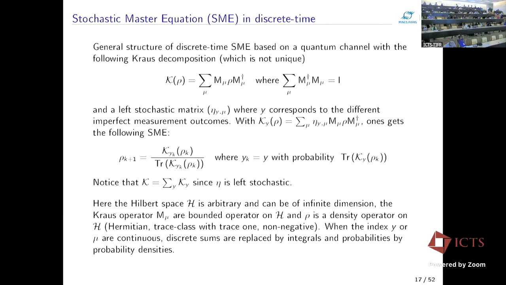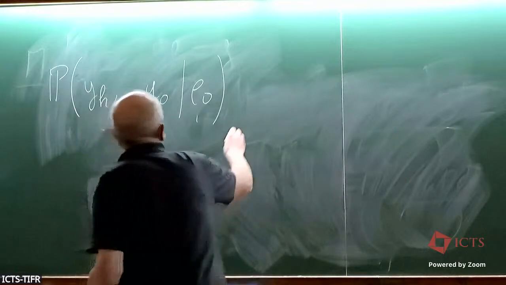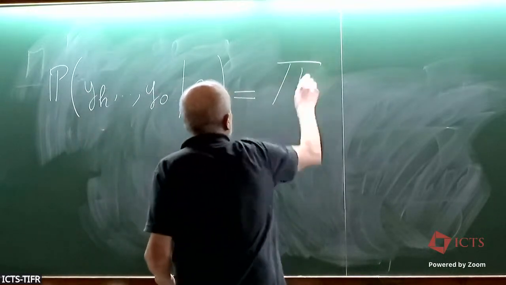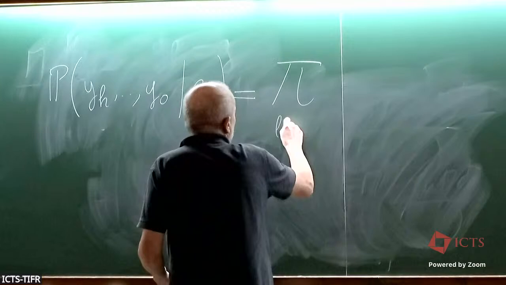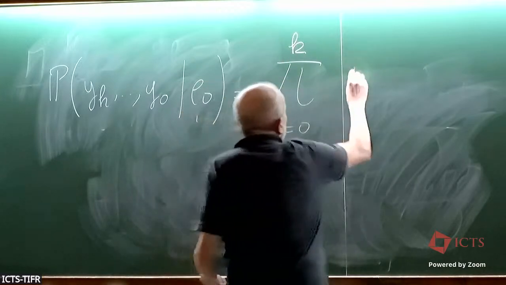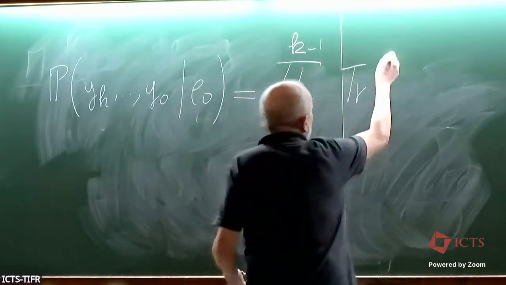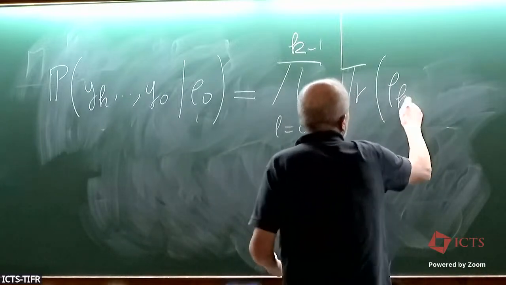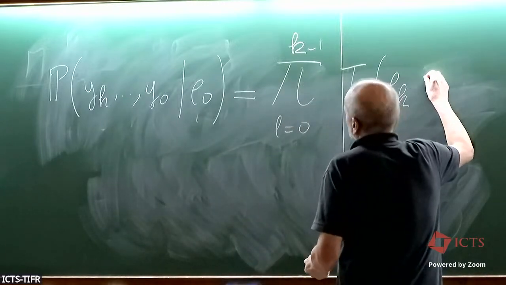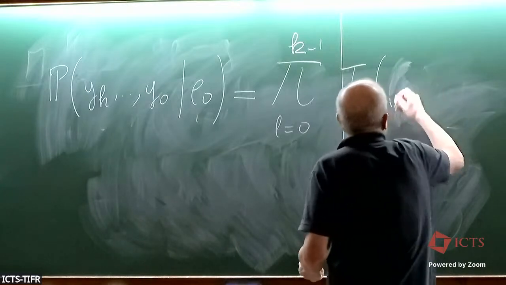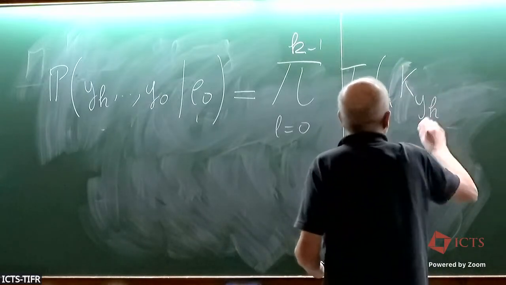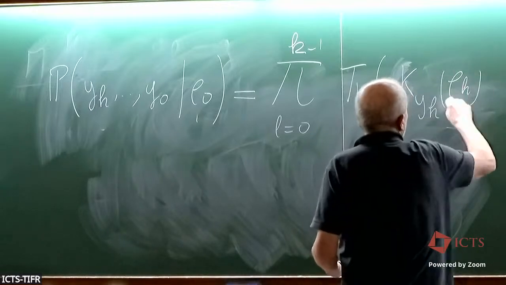You can compute typically what is the probability to detect y_k, ..., y_0, knowing rho_0. It is just the product for l equal to 0 to k of the trace of K_{y_l} of rho_l.